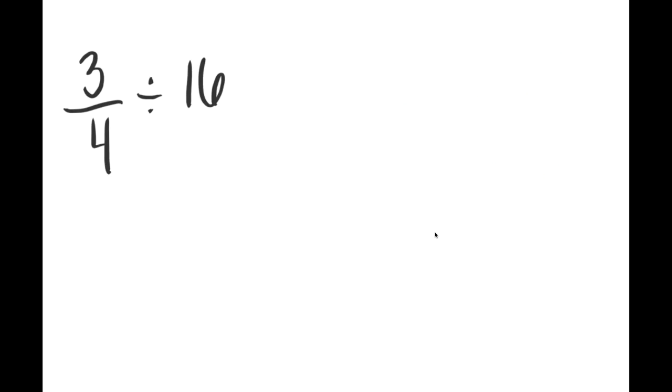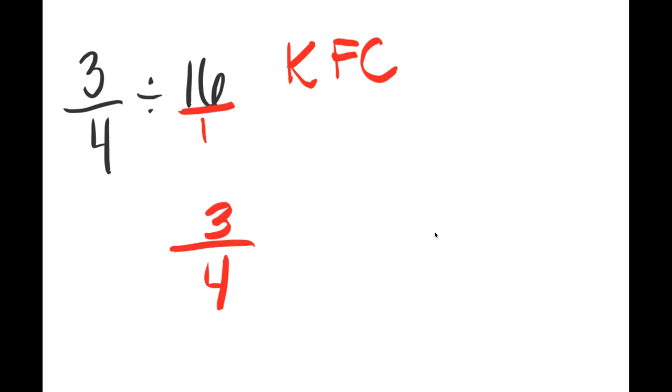Okay. In this problem, we are going to do the same steps. So KFC. Keep our first term, 3 over 4. Let's put our whole number over 1 so that we can solve and flip it. Put the 1 on top, 16 goes on the bottom, and then change our sign to multiplication.